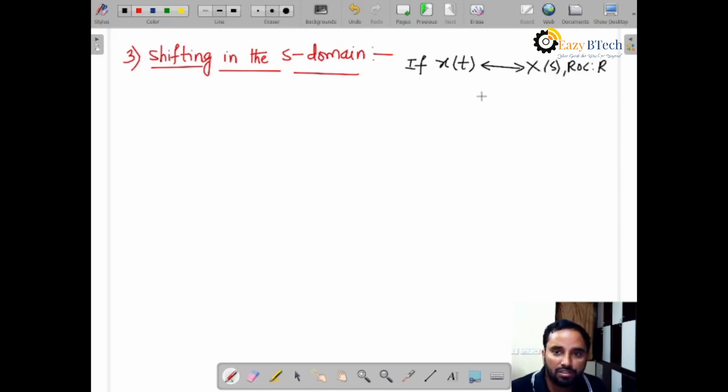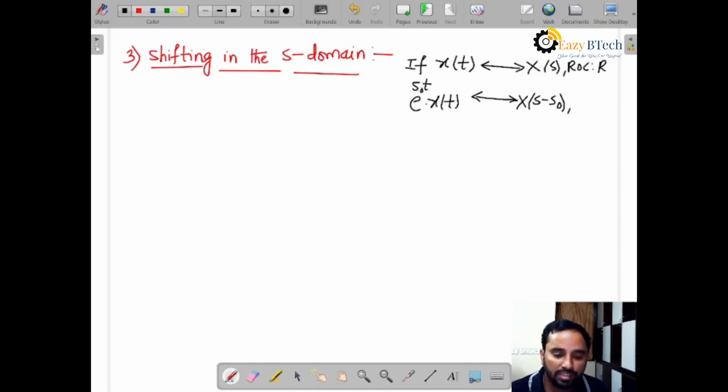Now shifting in the s domain, that means x of s minus s naught. x of t into e to the power s naught into t, or Laplace transform of e power s naught t into x of t is equal to x of s minus s naught.